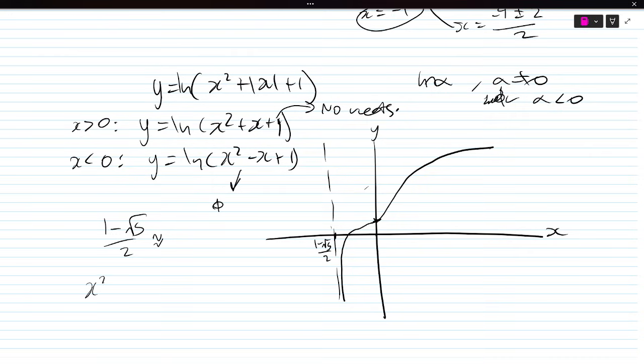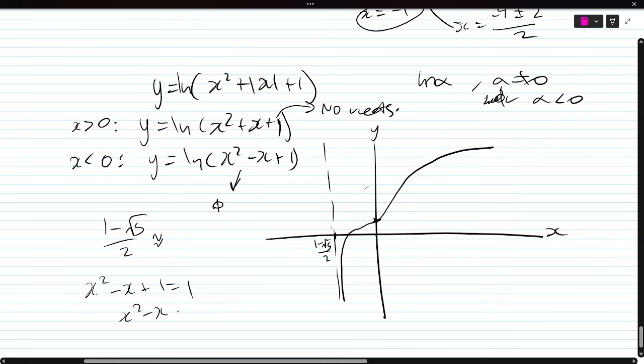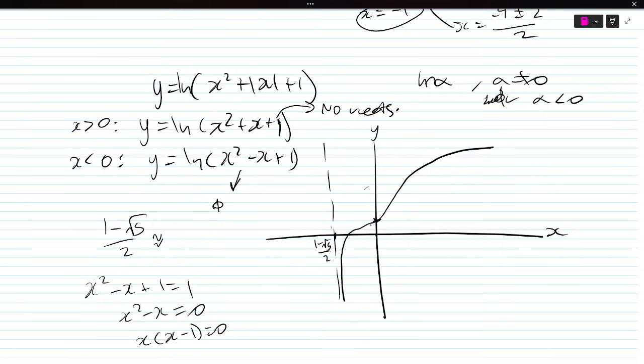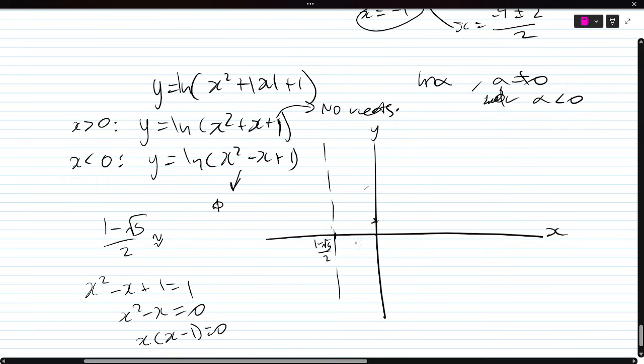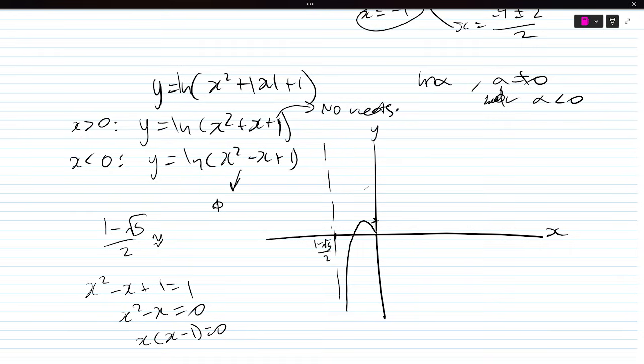And actually, I need to check when this is equal to 1, because ln 1 is 0, x minus 1 is 0. So it's equal to, oh no, ln 1 isn't... ln 1 is 0, so this should look like this.